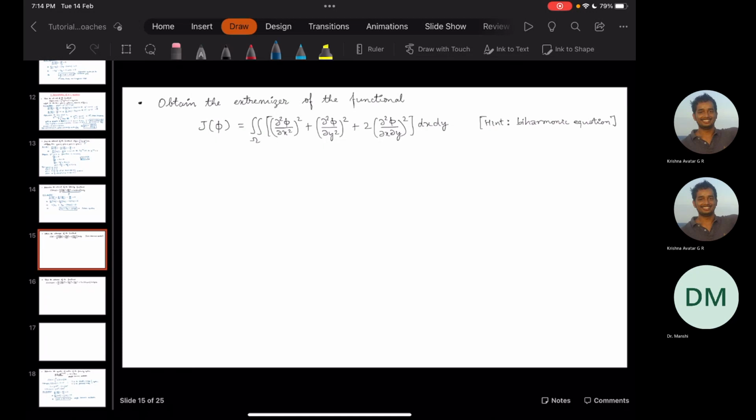Since it's very clear from the expression here that all the terms are second order derivatives, first let me obtain our Euler-Lagrange equation.